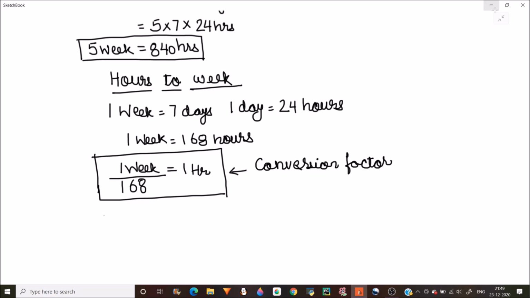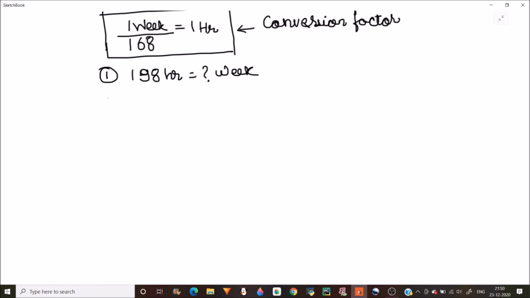So let's clarify this with a few examples here. Let's convert 198 hours to weeks. We can write 198 hours as 198 times 1 hour.